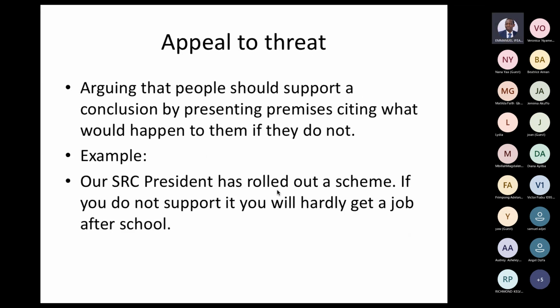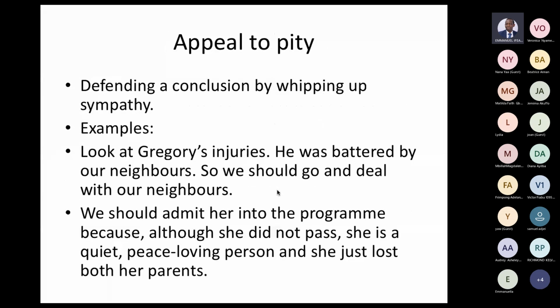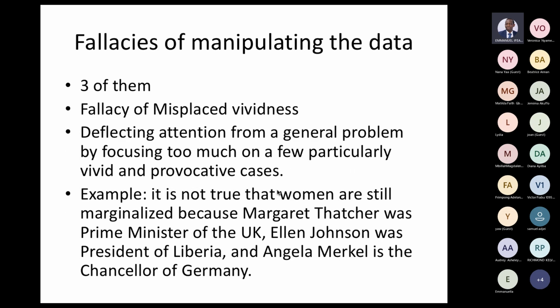And then appeal to threat. Instead of convincing people to agree with you, telling them what will happen to them if they don't agree with you is an informal fallacy. Appeal to pity, when you are appealing to pity instead of offering cogent premises or reasons. Then we have fallacies of manipulating the data.